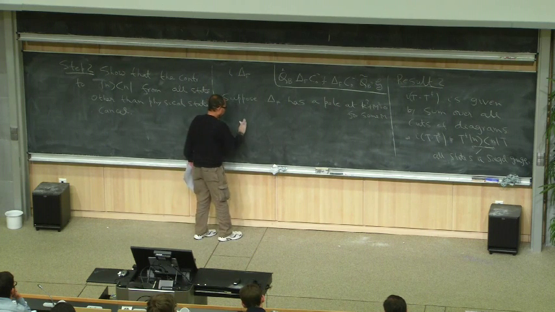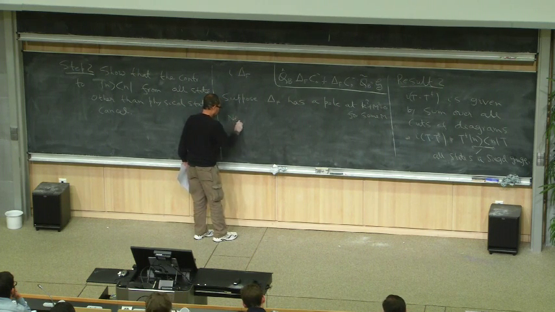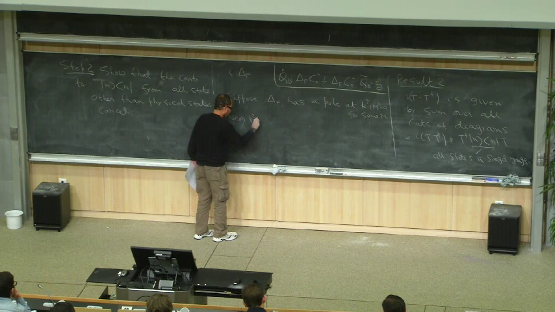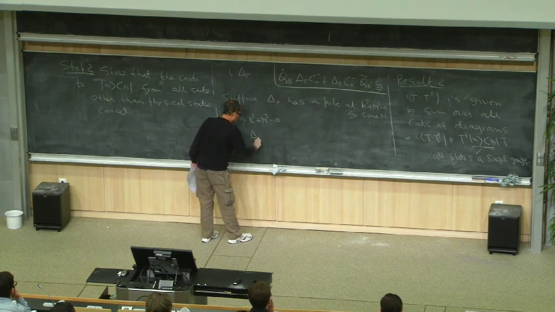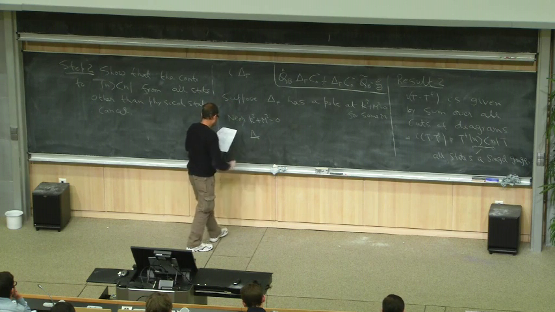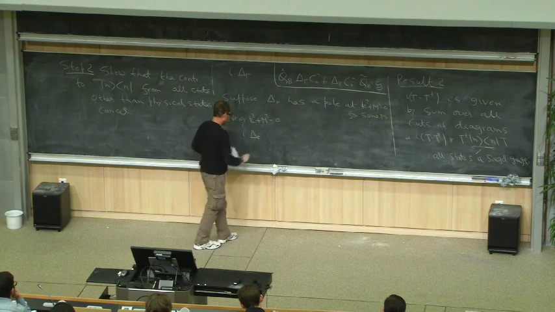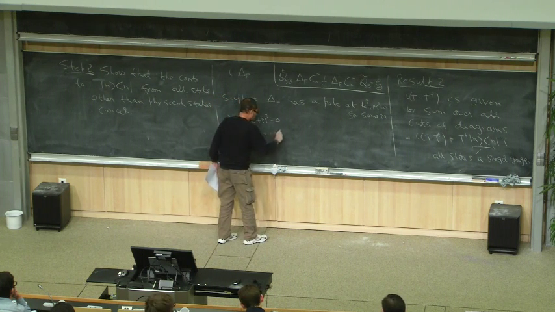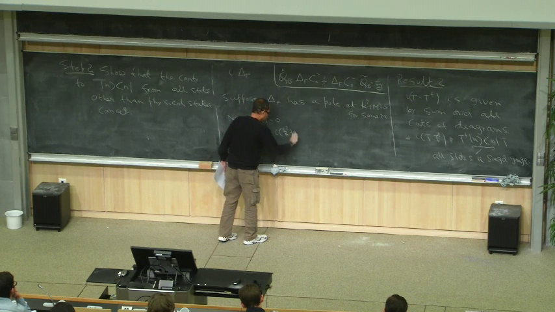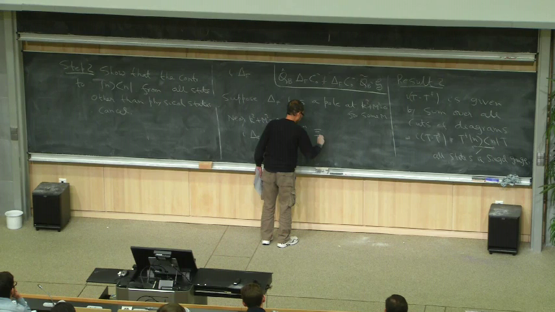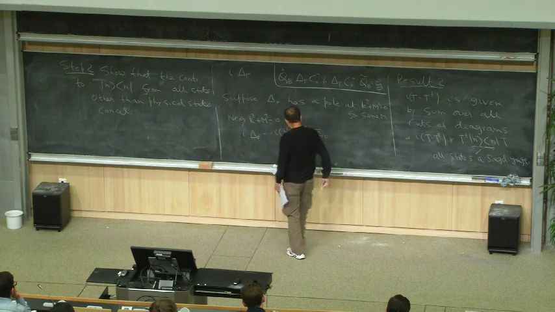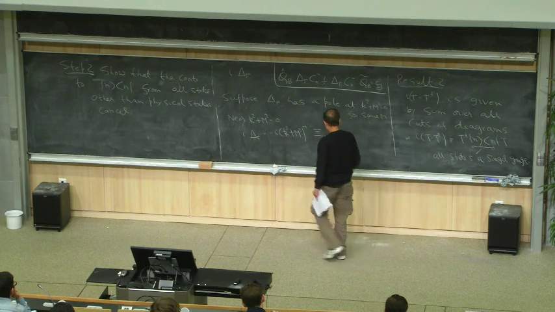Then near k squared plus m squared equal to 0, Δ_F has the following structure. Well, let me write i Δ_F. It has a structure of minus i (k squared plus m squared) inverse times some constant matrix. Okay, let us call this ξ_0.